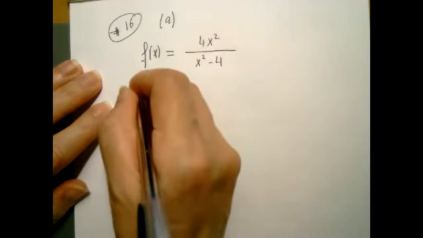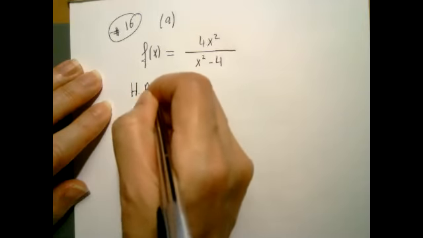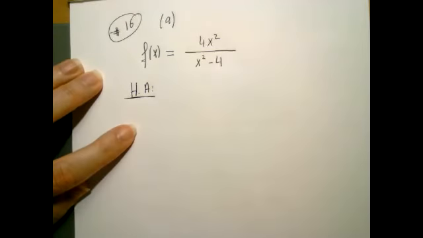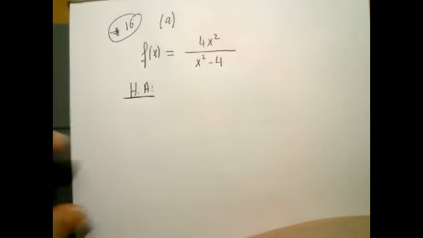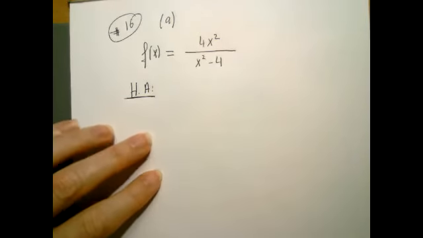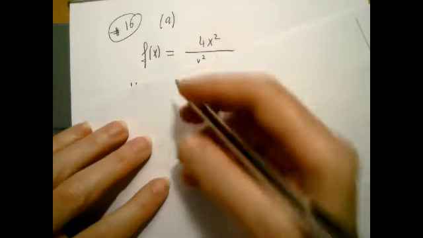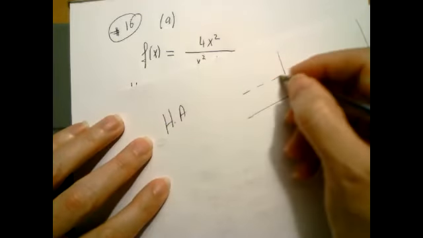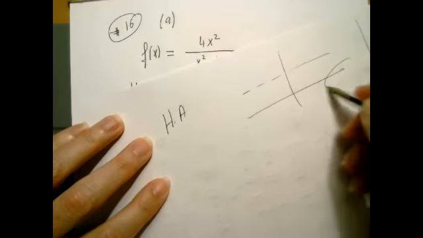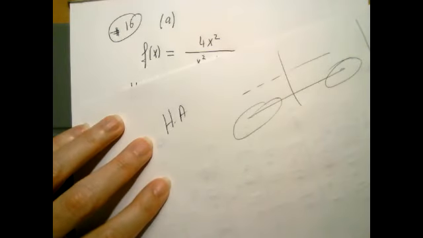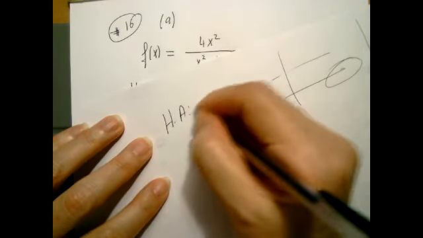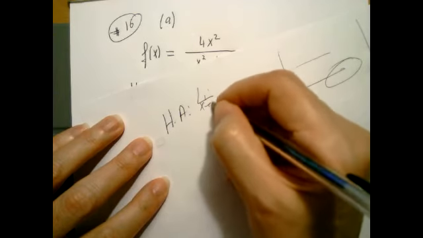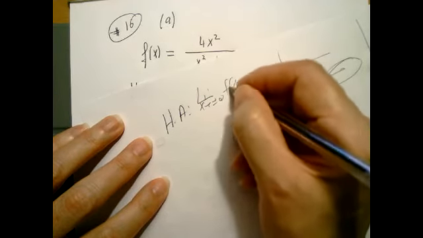So first, horizontal asymptote. Okay, how do we find horizontal asymptote? Make sure you do not confuse the horizontal and the vertical. The horizontal ones really address the end behavior. So for horizontal asymptote, you find the limit as x goes to plus or minus infinity of the function.